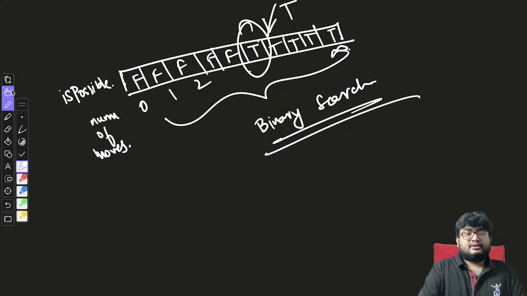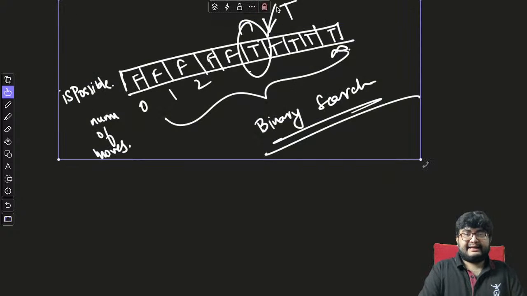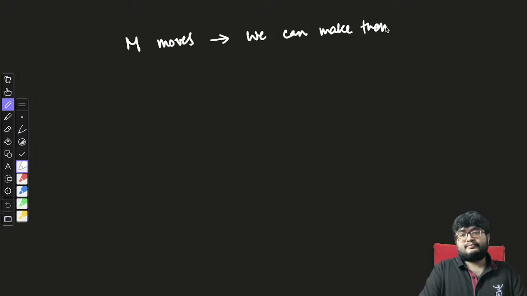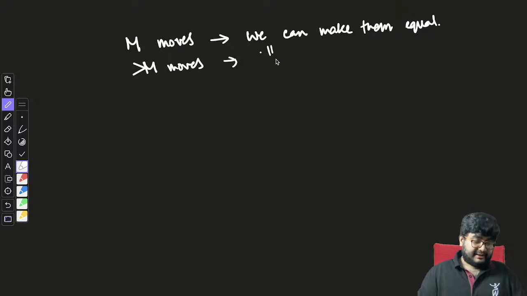Sure. So again, what are we saying? If for m moves we can make them equal, we are also saying that for greater than m moves, we can also make them equal.